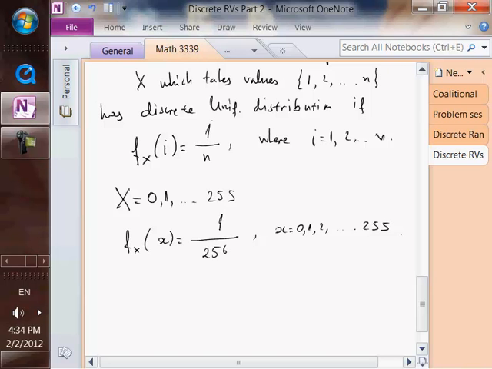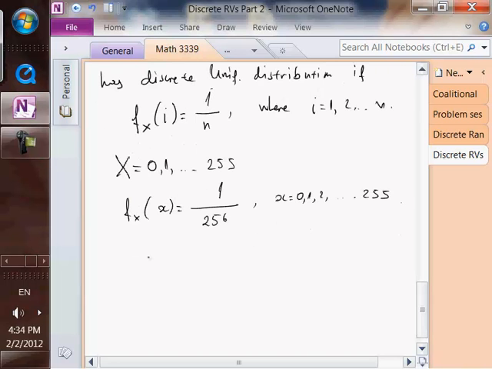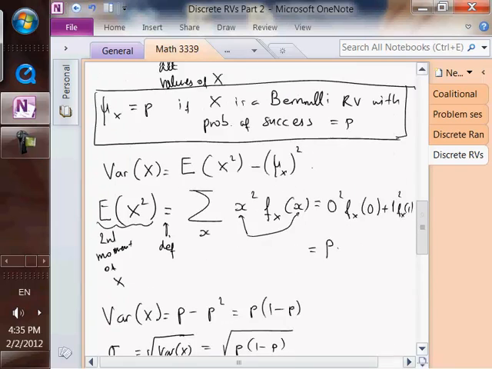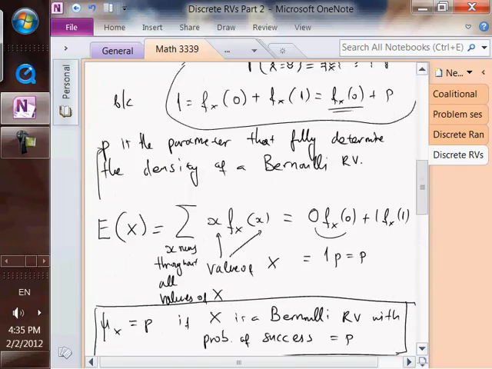Okay, let's see, what is the probability that x will take values between 12 and 40? What shall I do? Well, see the formula we used before.